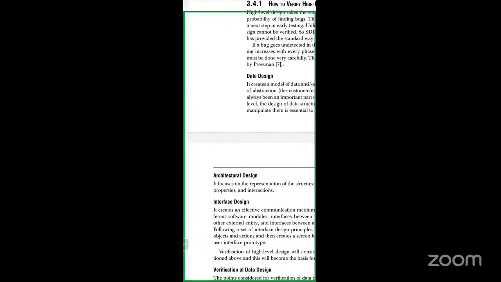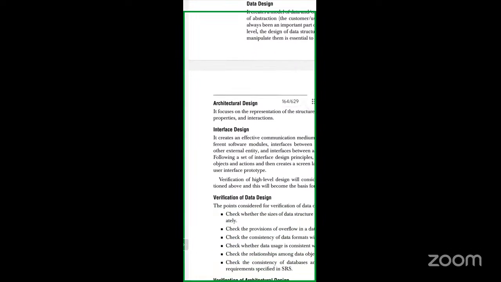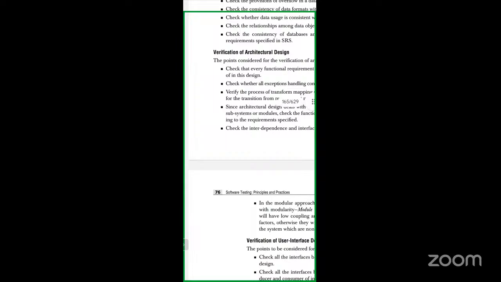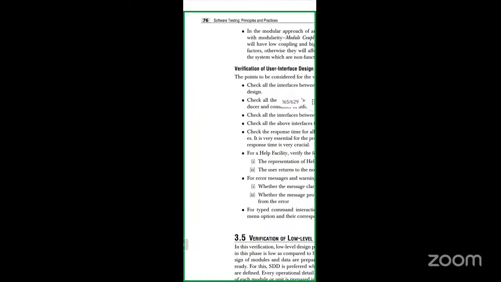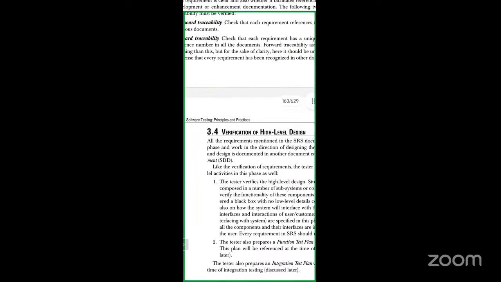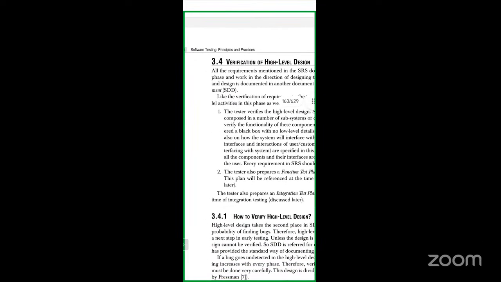architectural design, interface design, and verification of data design, verification of architectural design, and verification of user interface design. That is, we need to go for designing a module for the given or assigned project. Then we need to undergo the testing.